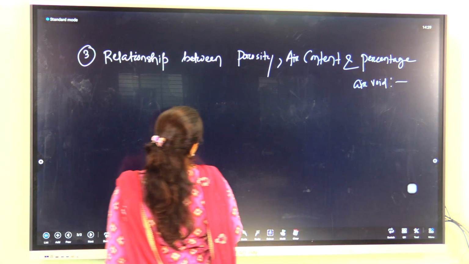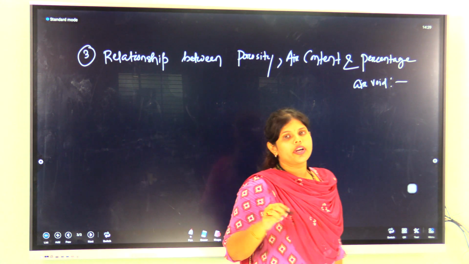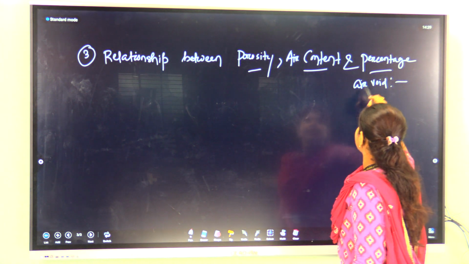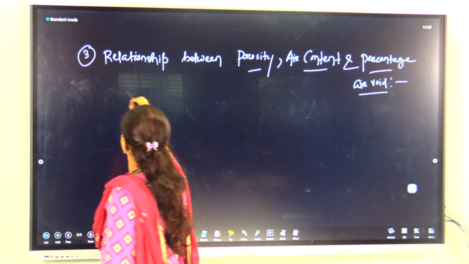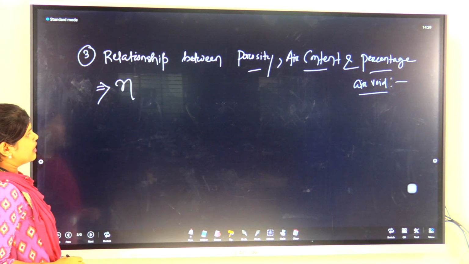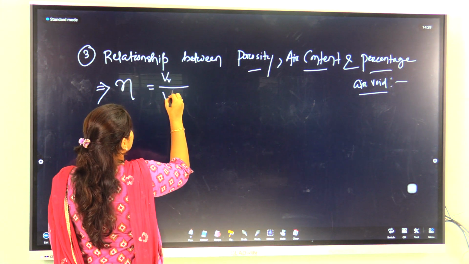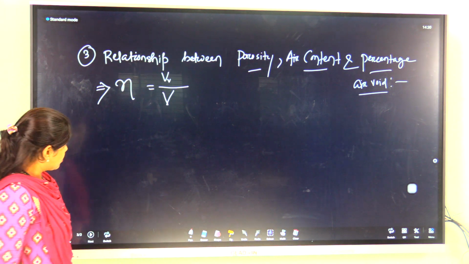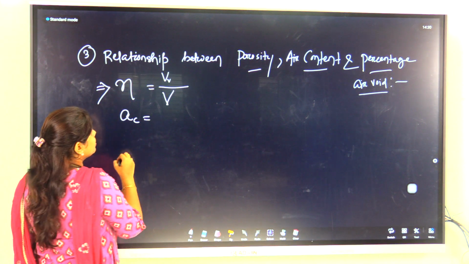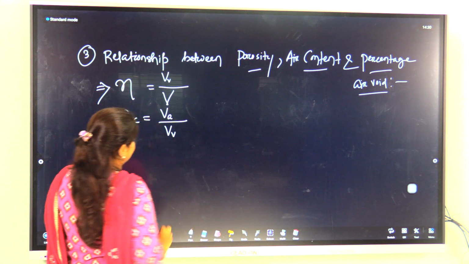I can easily write porosity equals eta, air content AC, percentage air void Na, but these terms also we need to remember. So, for porosity, eta equals volume of void divided by total volume. Next, air content, AC equals your volume of air divided by volume of void.